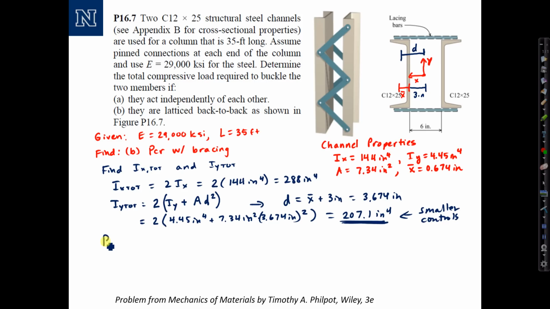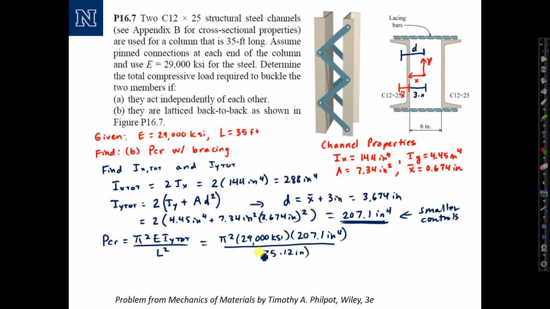And using that, we can compute the critical buckling load with the same formula as before, pi squared E Iy total over L squared equals pi squared E 29,000 KSI, Iy total 207.1 inches to the fourth, divided by our L 35 times 12 to convert it to inches, squared, and that computes to 335.9 kips. So that would be our critical buckling load for case B.